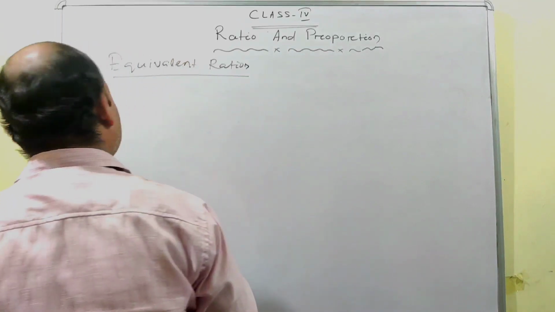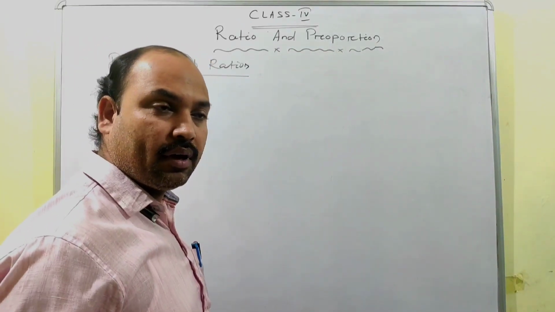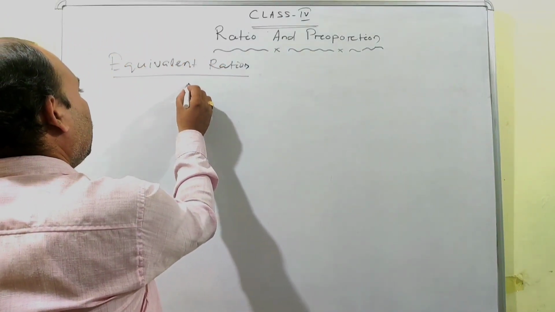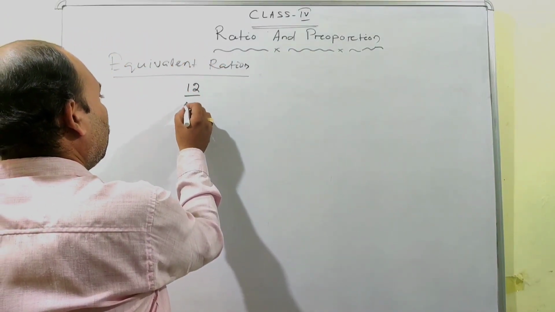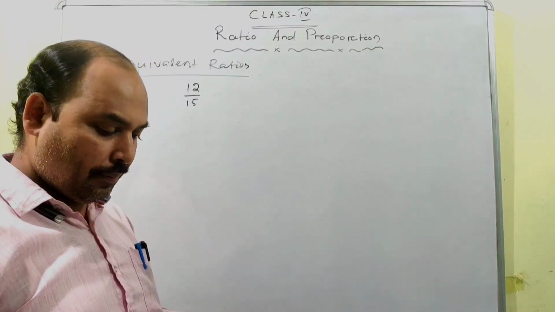See, first I will take one example of a fraction, then one example of a ratio. Suppose it is given 12 upon 15.